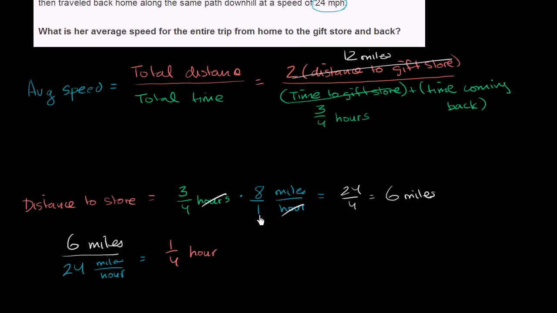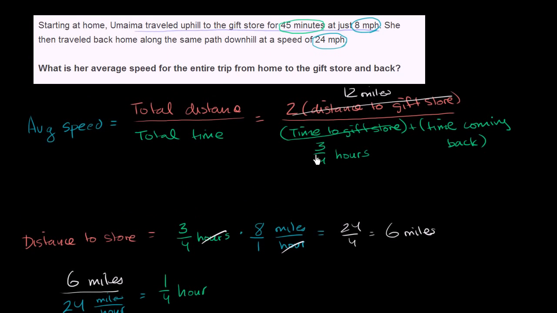And that fits our intuition. Let me write that in the same green color, since I'm writing all the times in green. So 1/4 of an hour. Going to the gift store was slow, took her 3/4 of an hour. Coming back only took her 1/4 of an hour. So now we're ready to calculate her average speed for the entire trip.